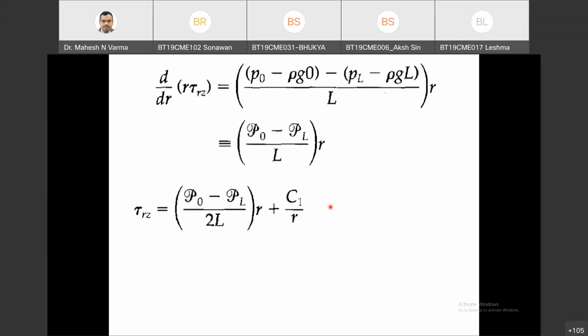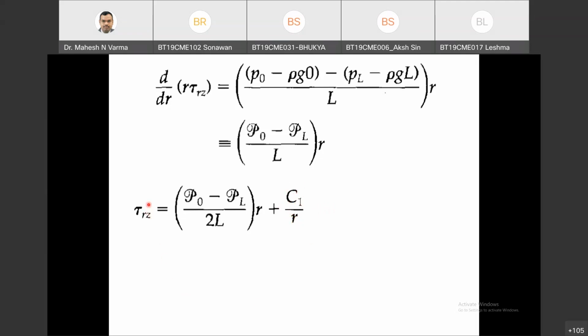At any corner of my geometry, at any corner of my system, a measurable property cannot have an undefined value. So if C1 is any non-zero value, say C1 equals 10, at R equals 0, 10 divided by 0 is undefined.